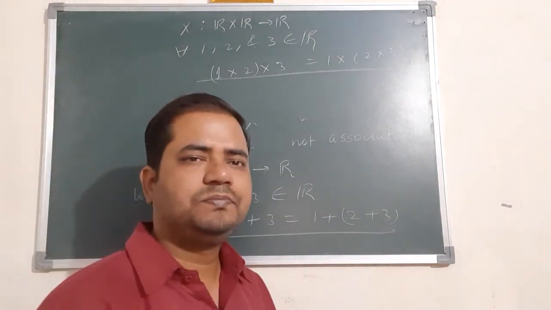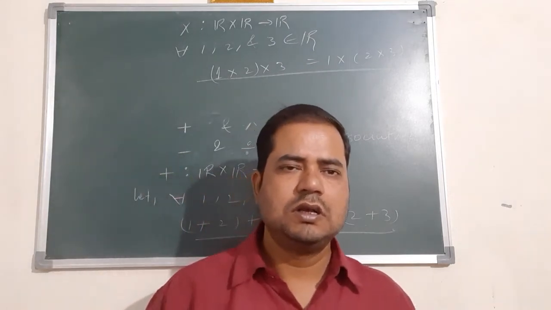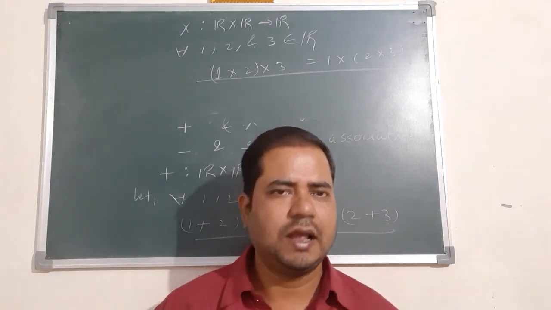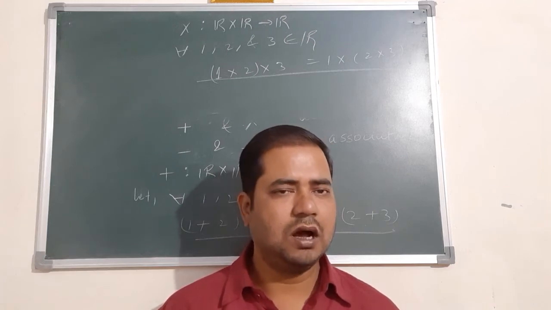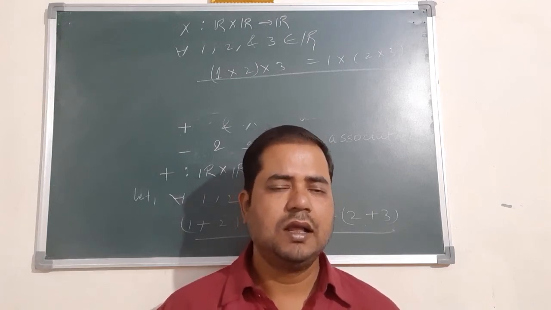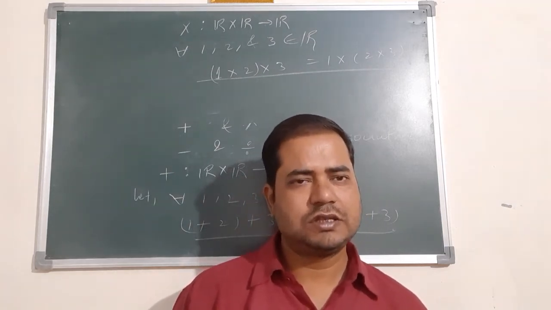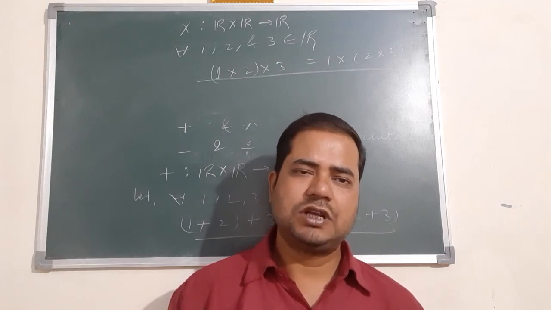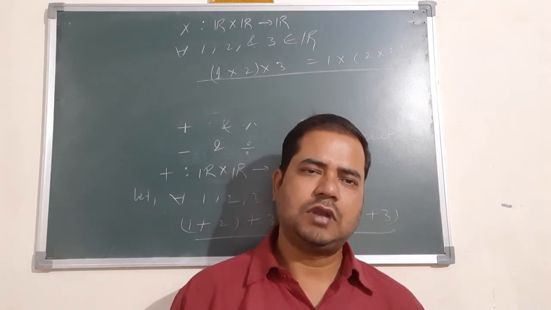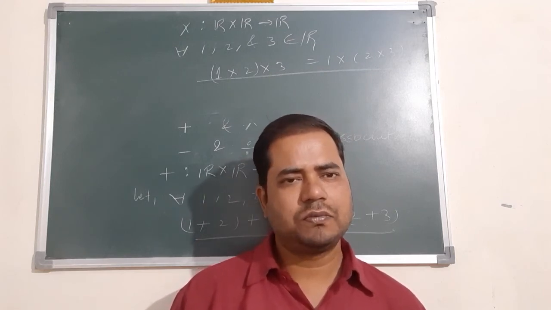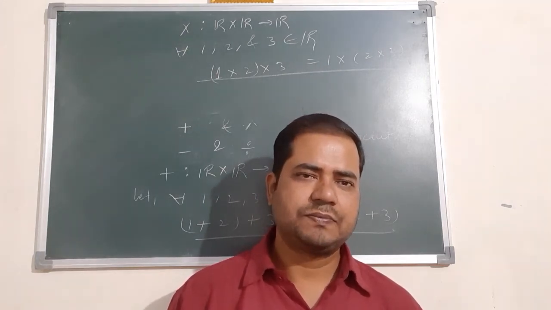So note it down, and in the next lecture we are going to discuss some more properties of binary operation, as here we discussed the commutative law, closure law, as well as the associative law. In the next lecture we are going to discuss two more properties of binary operation: existence of identity as well as existence of inverse.